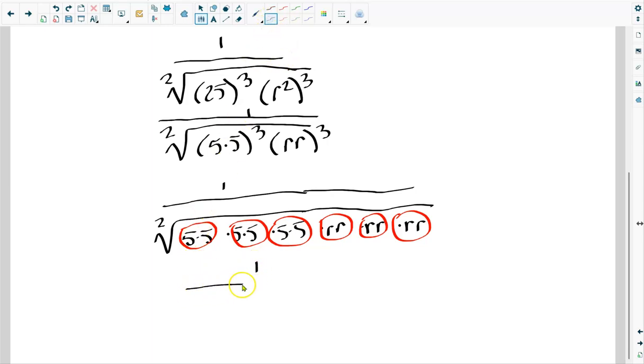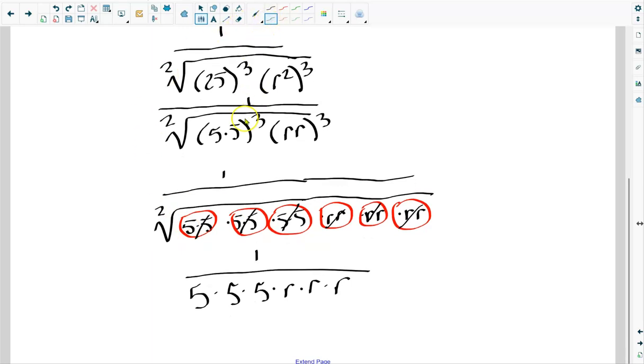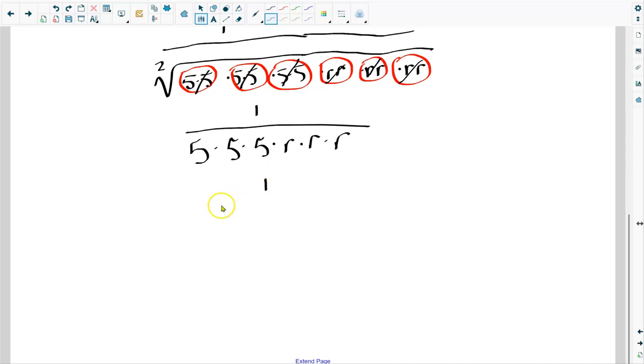So here we're going to have the 5 pop out, the 5 pop out, also from here an r, and an r from there, and an r from there. Alright, let's go through the last step here. We've got 5 times 5, 25, 125, and r cubed.